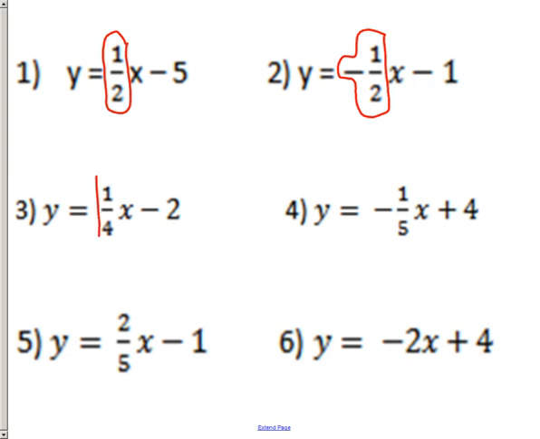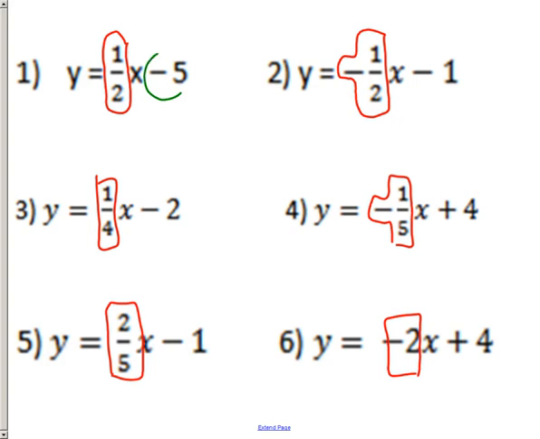This is our slope here, 1/4 x. Well, not x, but just 1/4. This is negative 1/5. This is 2/5. This is -2. Now let's go back and use green to circle our y-intercepts. This would be my y-intercept, -5.